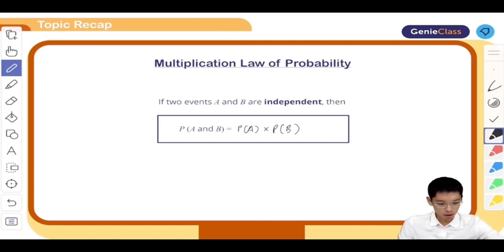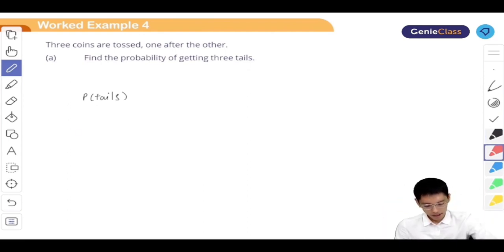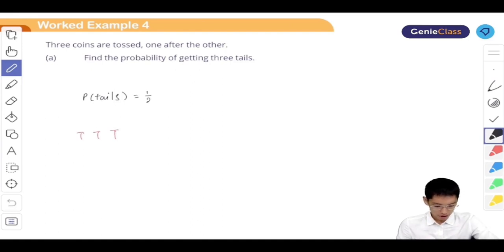Now, as we talk about coins, here is a particular example. 3 coins are tossed, one after the other. Find the probability of getting 3 tails. How do we look at it? If we visualize it, I have tail, tail, tail. What's the probability of getting my first tail? Half. My second tail?